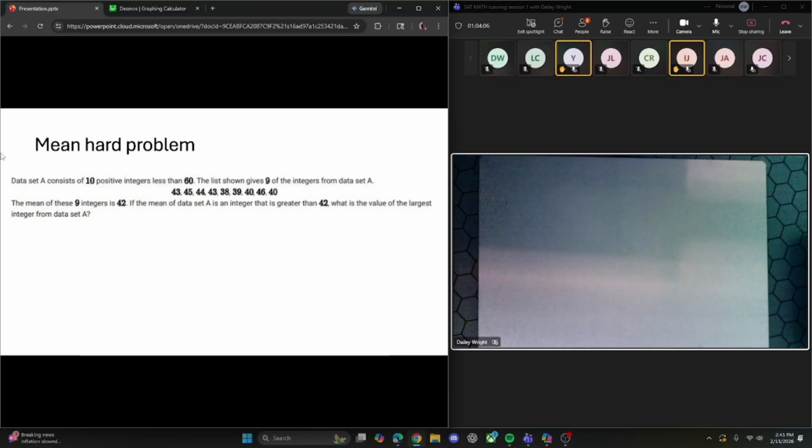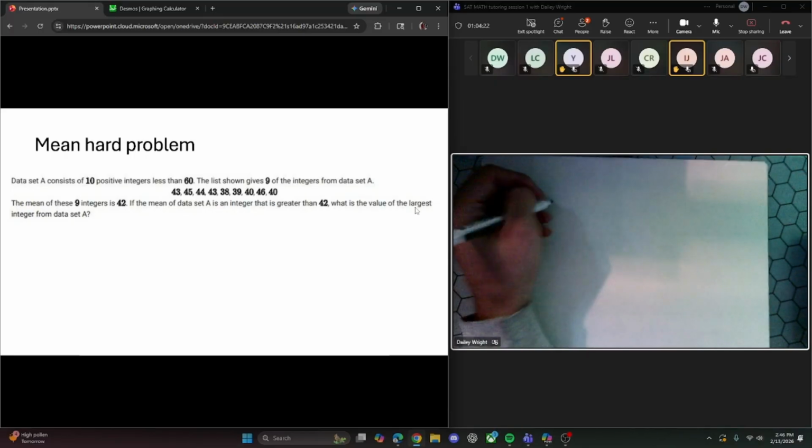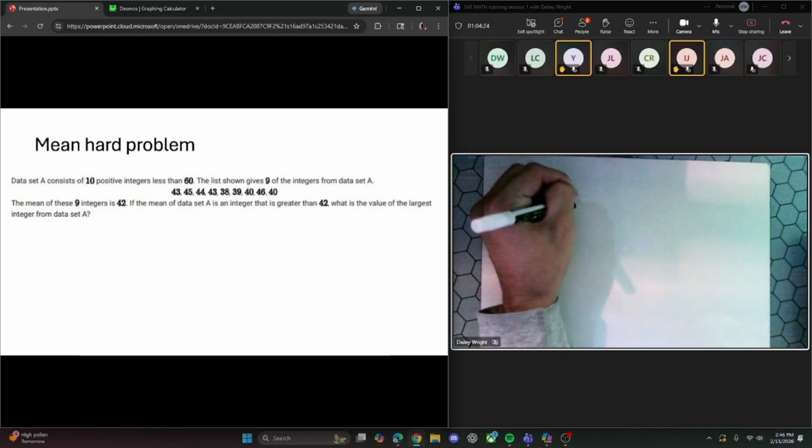You don't understand what the actual problem is asking. Yeah, this problem asks the question in a weird way. It wants to know what the value of the largest integer from dataset A is. So let's rephrase this.